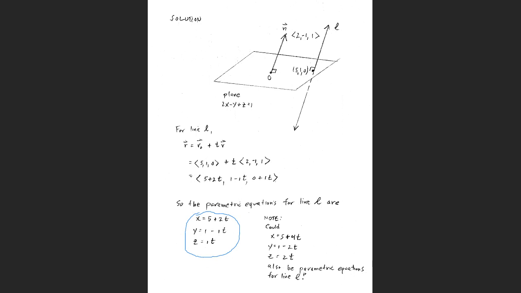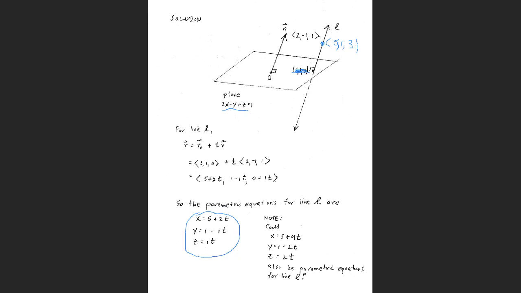The line passed through the point 5, 1, 3, and 5, 1, 3 is not on that plane, because the coordinate does not satisfy the plane equation. 2 times 5 minus 1 plus 3 is not equal to 1.